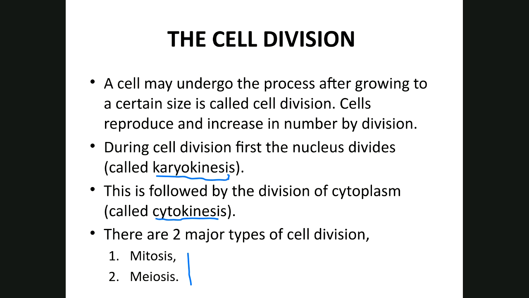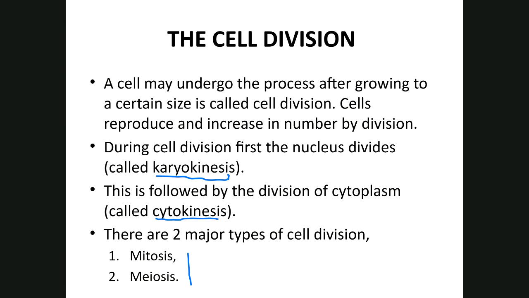I told you in the first slide that plant cells and animal cells are eukaryotic cells, while the bacterial cell is a prokaryotic cell. It means plant cells and animal cells divide by the process of mitosis and meiosis, while the prokaryotic bacterial cell goes through the process of binary fission.